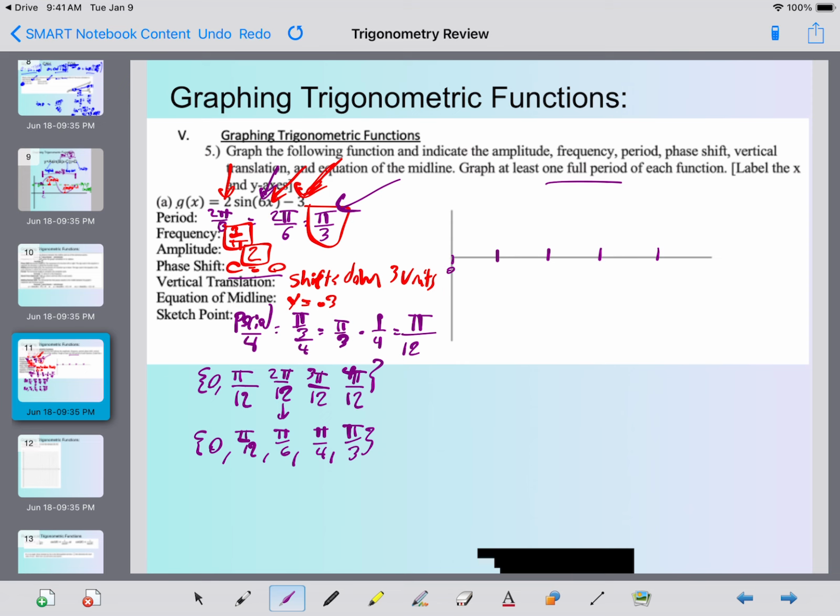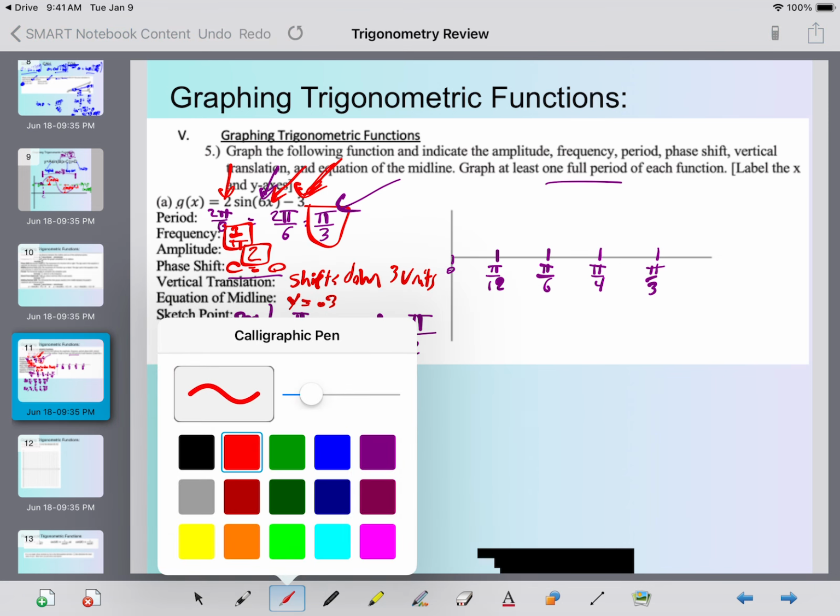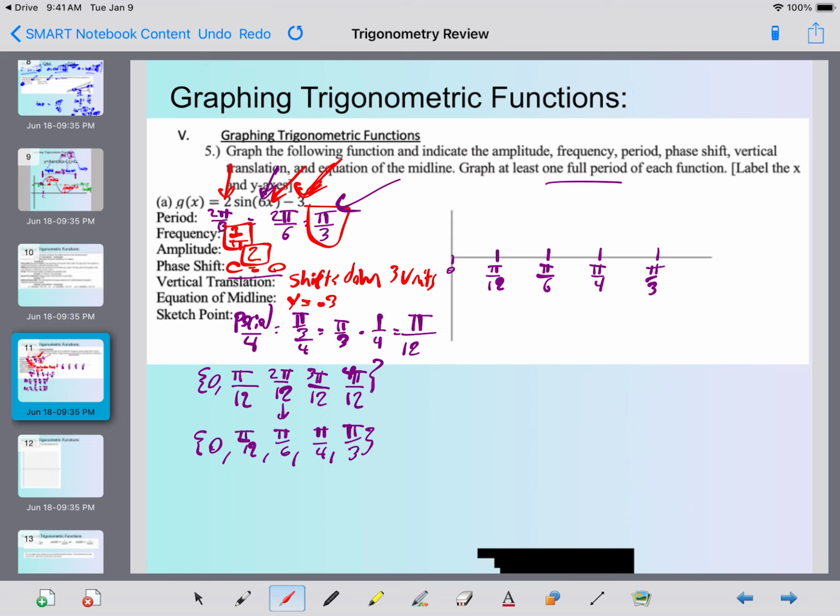This is 0, pi over 12, pi over 6, pi over 4, pi over 3. Think about this now. The midline we said is -3. The midline is -3, right?